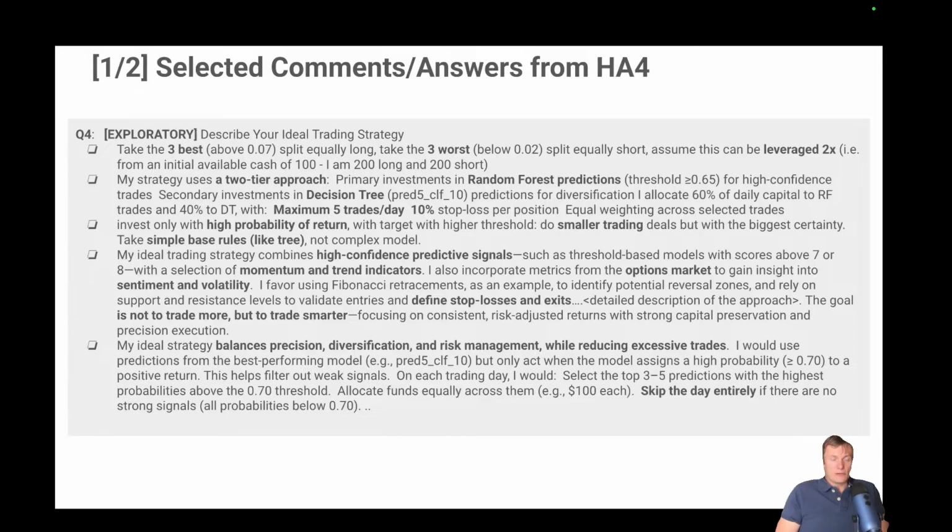So some of you described in precise steps what you want to do with high confidence predictive signals, with momentum and trend indicators, adding additional metrics from the options market to do sentiment and volatility, define stop losses and exits, and trade smarter. That's easy to say but hard to do. I think almost every submission was about balancing precision, diversification, and risk management.